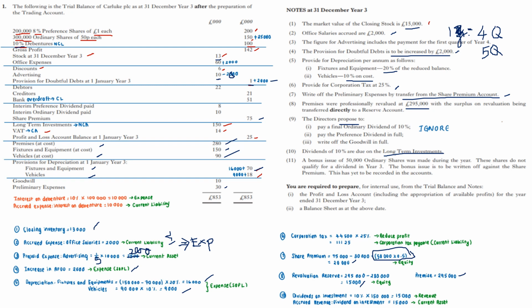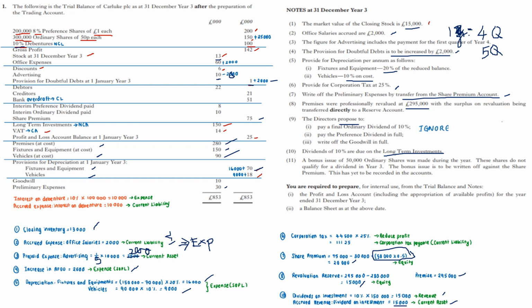So long-term investment, just now is your non-current assets, 150,000 times 10%, you get 15,000. So this 15,000 is the dividends that you received from your investment. So it's considered as your revenue. And this 15,000 is also considered as your accrued revenue, which will be recorded as your current asset because you have not received it yet.